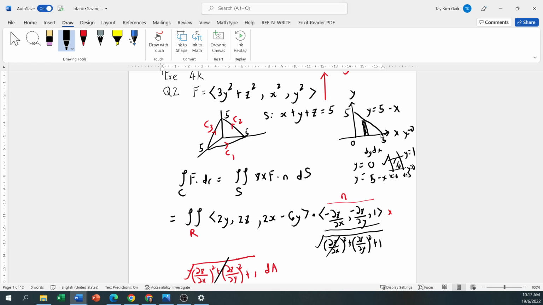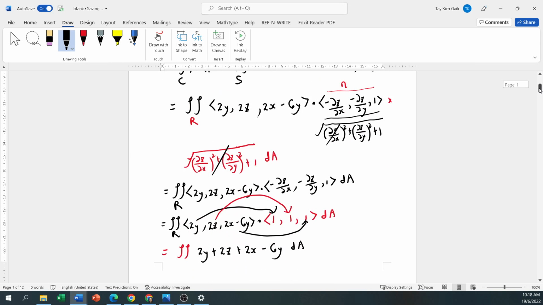So y0 is your x-axis, y1 is another horizontal line, and x0, x5, you get a rectangular region. So this is wrong. So y is 0, the x-axis, up to this slanting line, which is y equal to 5 minus x.